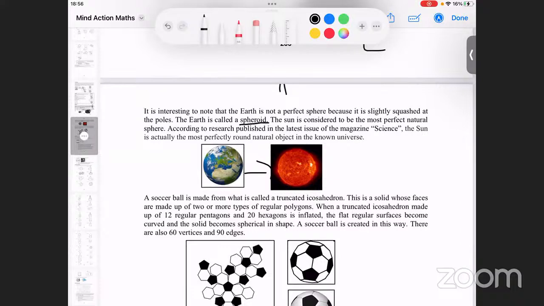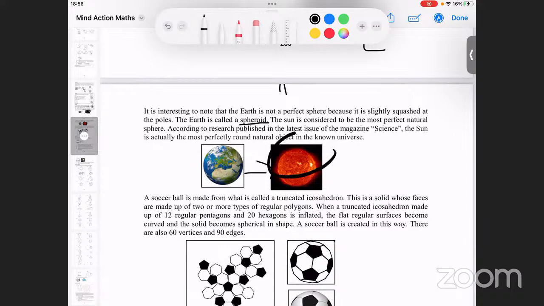So if you are required to give an example of sphere-shaped things, we're going to leave out the Earth. Do you guys see that? Yes, ma'am. Perfect. The sun is considered to be the most perfect natural sphere, so you can use it as an example.